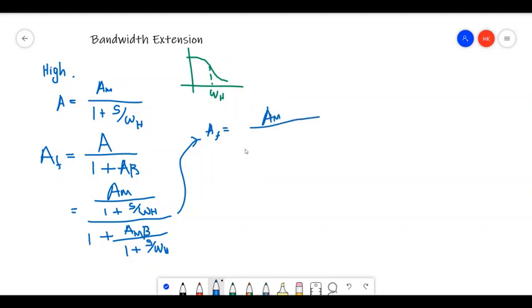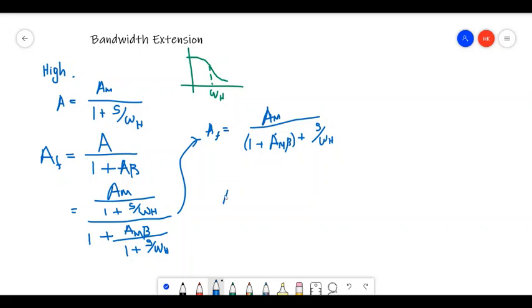This will be Am over, rearranging a little bit, 1 plus Am beta plus s over omega H. Then I'm going to divide both the numerator and the denominator by this factor.